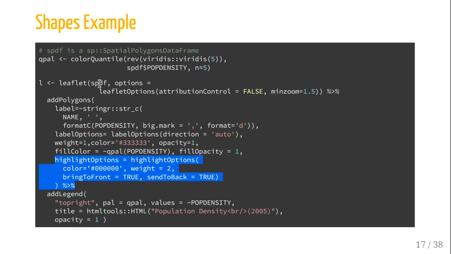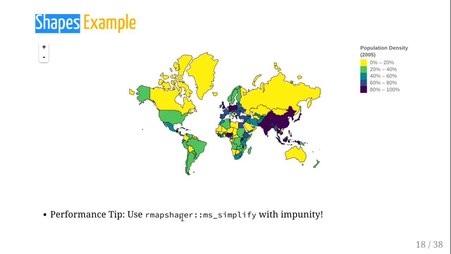I haven't shown it over here, but this SPDF was simplified using rmapshaper's ms_simplify so that the polygons are plotted much faster. As I think I mentioned previously, rmapshaper is really helpful when you have really complex polygons that don't need to be that complex when you're plotting, right? Just simplify them and do this. So this is it. You get the legend.